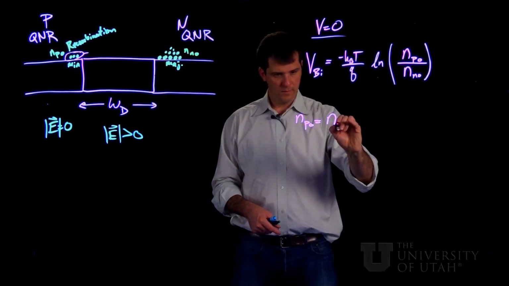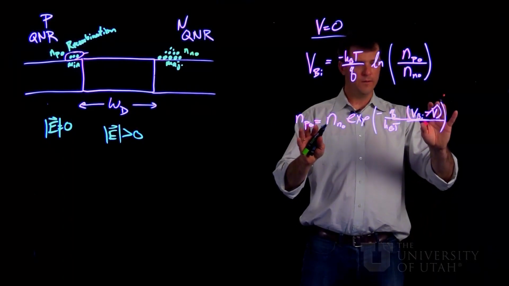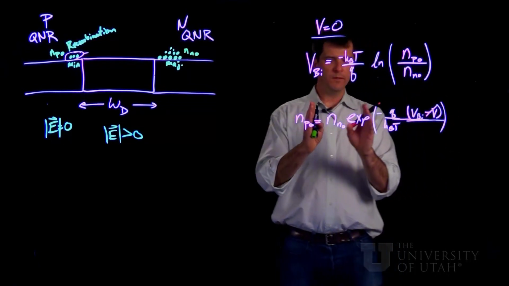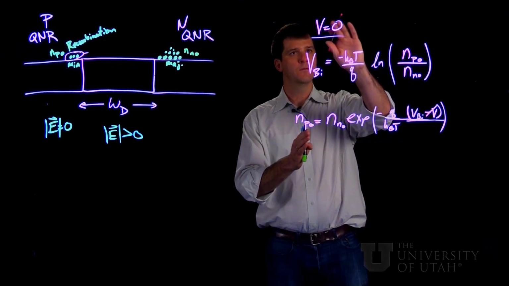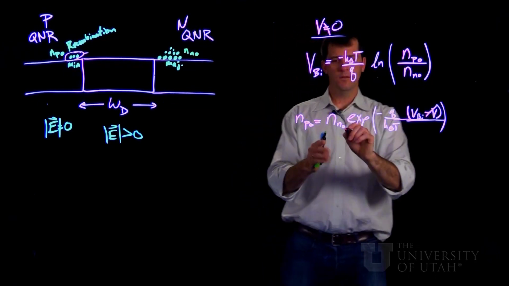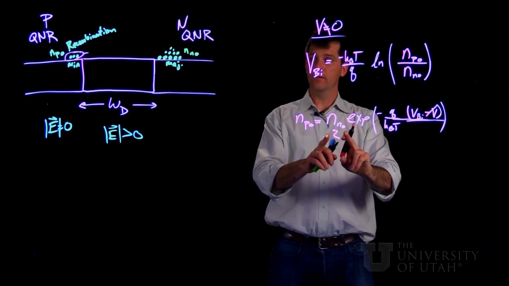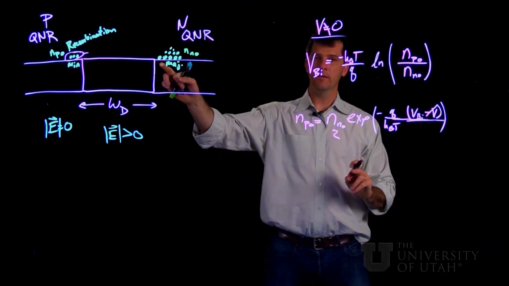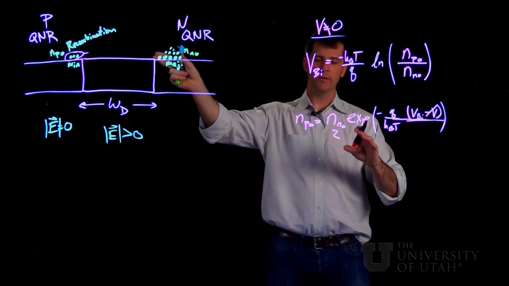So we're working at V equals 0, that holds. Now what we're going to do is say, okay, when we apply a voltage, now we're going to make this voltage not equal to 0. This quantity doesn't really change all that much because it's already a large number and we don't really do anything to the doping on this side by applying a bias.